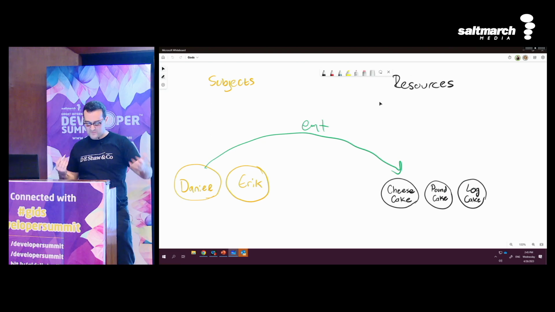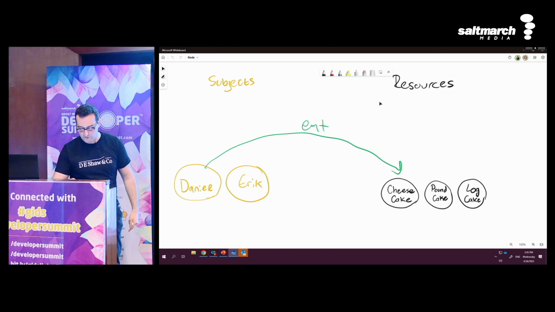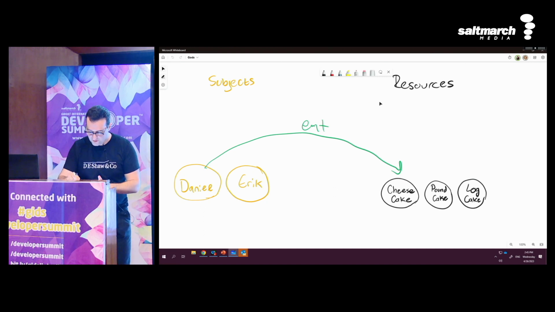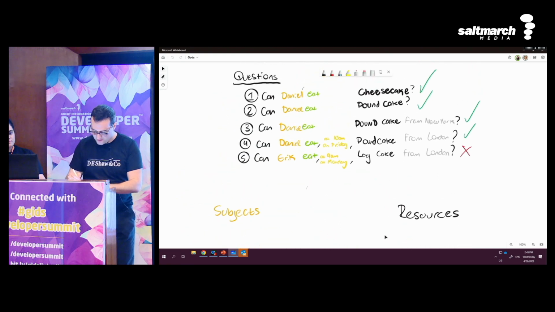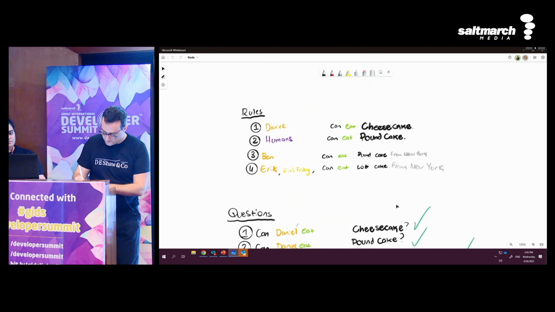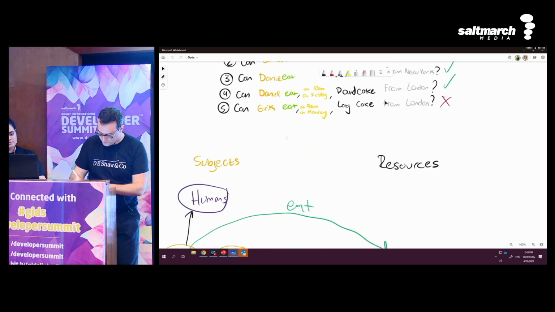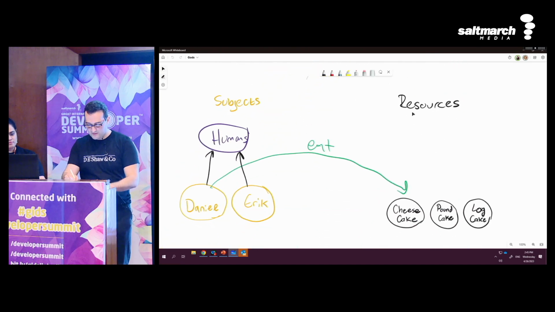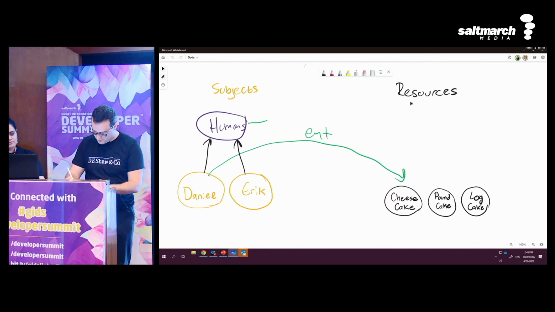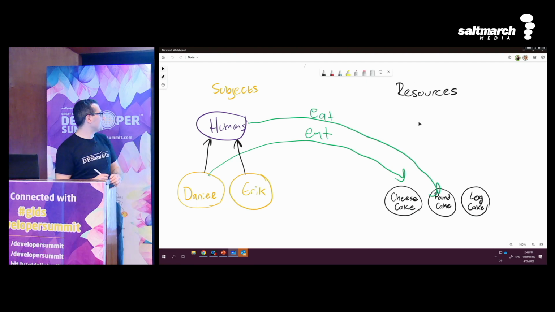Now let's try and represent this other policy that we made, which is that humans can eat pound cake. What we can think of doing is making a node to represent humans. Then we'll draw some edges from Daniel up to humans, and from Eric up to humans. And then we can say humans can eat pound cake. We can create an edge here. Apologies for my penmanship.